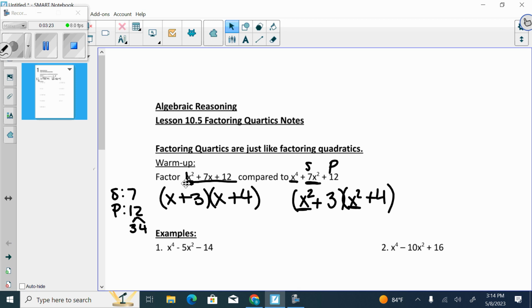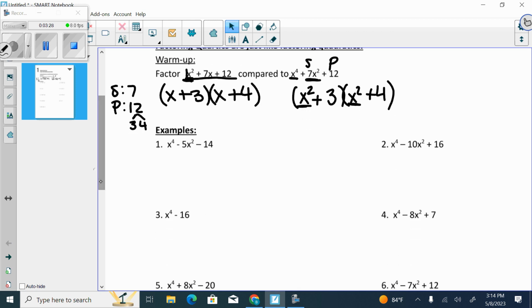All right? Okay, so let's look at a few more examples. All right, example 1 here. What do I look for first? Does this have a GCF? Okay, so now I look for my S and P. What's S? -5. And what's my P? Nice. Okay, so I'm asking you guys what multiplies to give us 14 and will add to give us 5? 7 and 2, right?